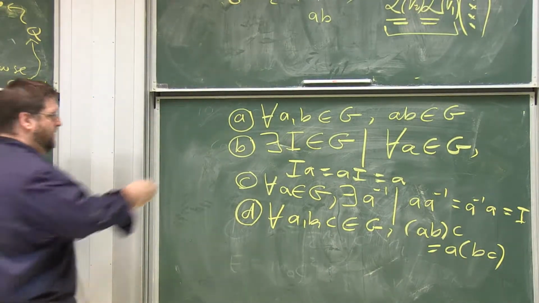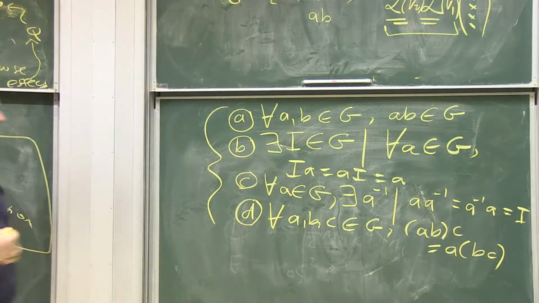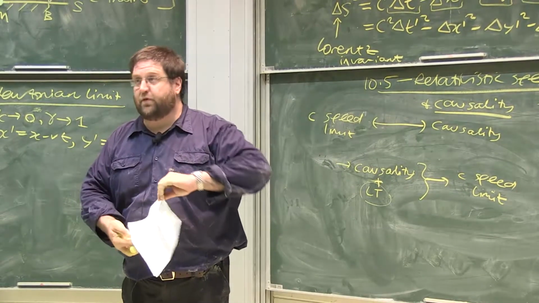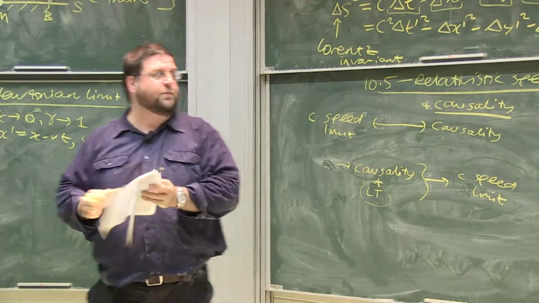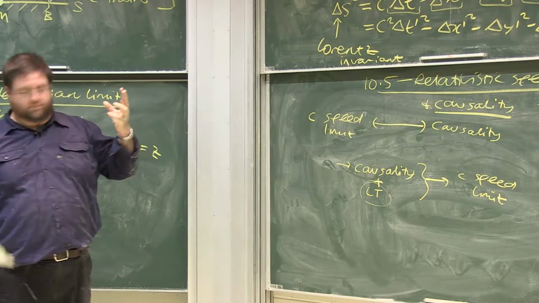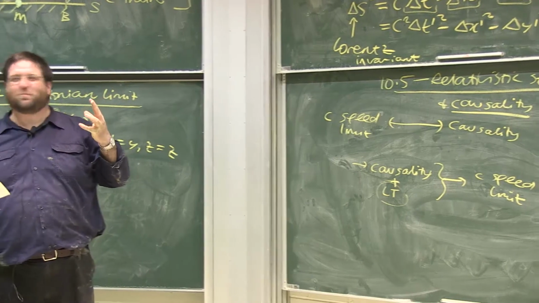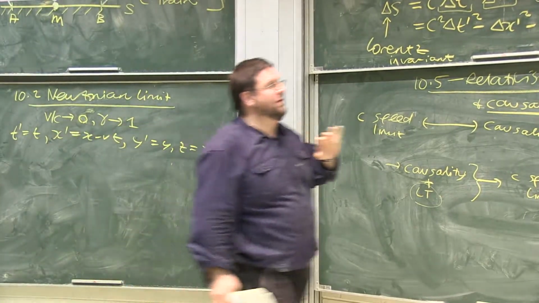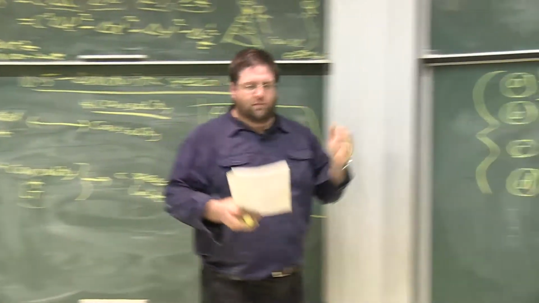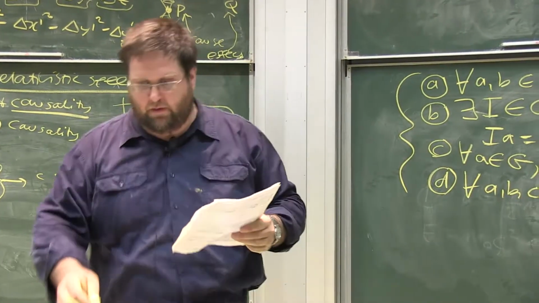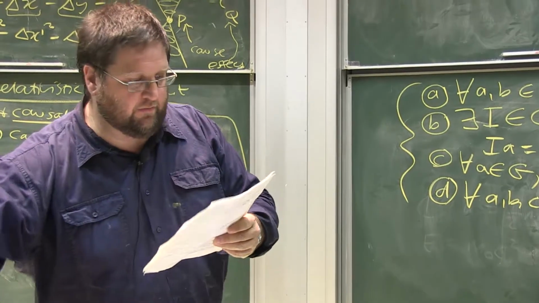So these are the 4 things, the 4 axioms you need to demonstrate that the Lorentz transformations obey in order to be able to call the set of Lorentz transformation matrices a group. And what you'll find is that in the exercise, it's a bit of a boring exercise, but it shows something very deep, that the Lorentz transformations form a mathematical group, which again is called the Lorentz group.